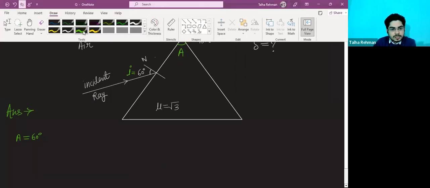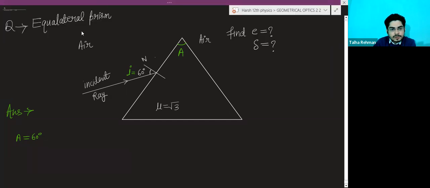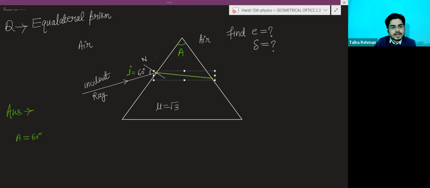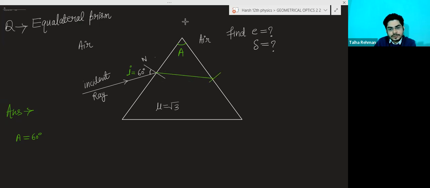Now this is a normal. As the light ray is moving from the rarer to the denser medium, it will bend towards the normal, like this. And one more normal I am drawing here for showing the refraction on the other surface.